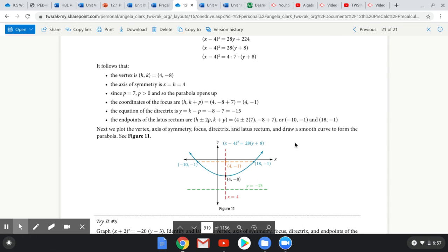Because it was a vertical line. This one's y equals negative 15. So just a reminder that if you're asked to state the directrix, don't just say negative 15. The directrix is a line. So that's y equals negative 15. Okay?